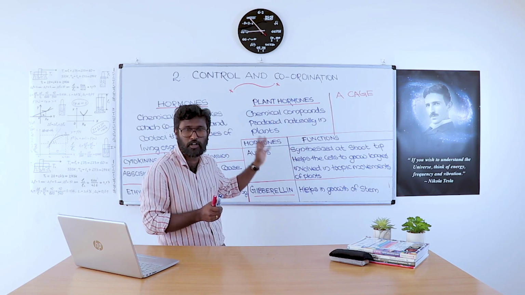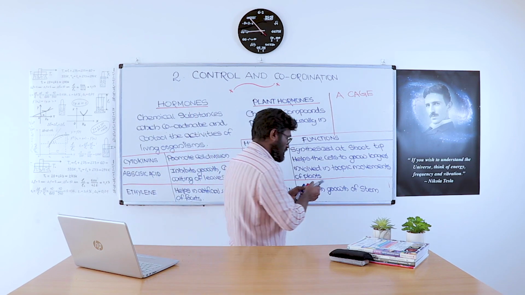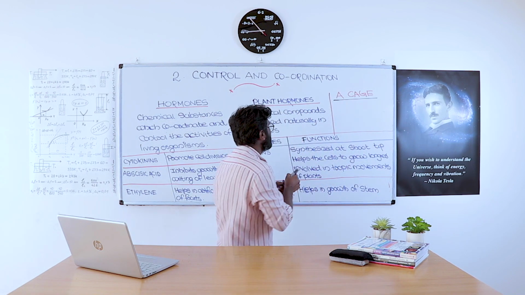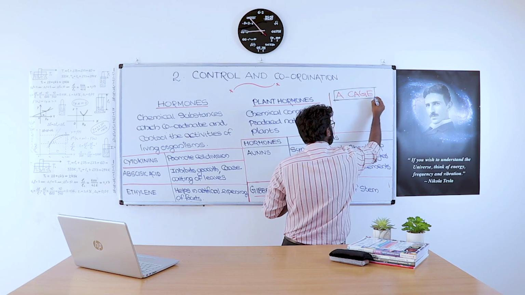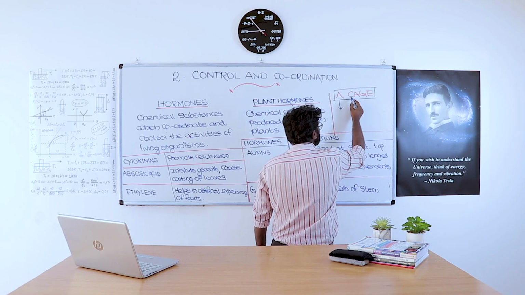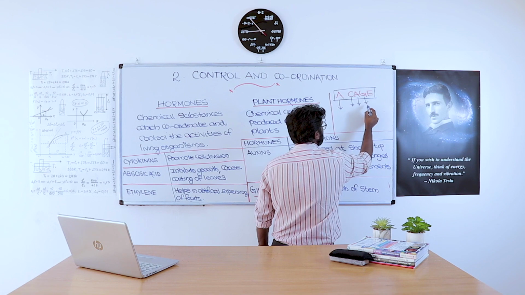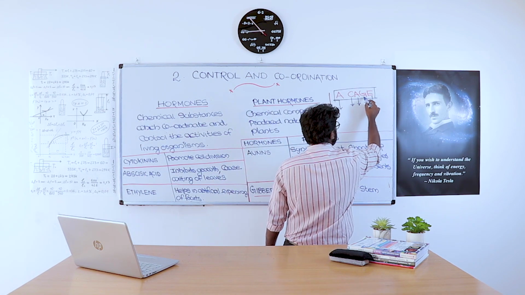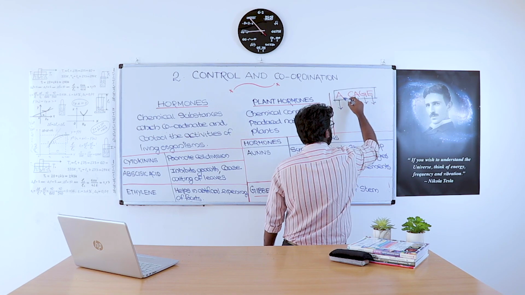Here we have to study 5 plant hormones. There is a shortcut to memorize them: remember the term A-CAGE.